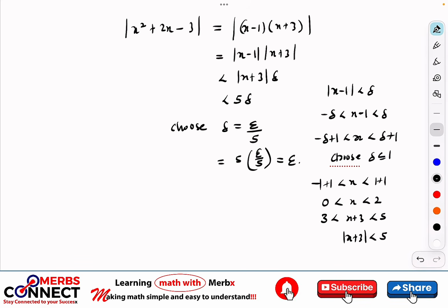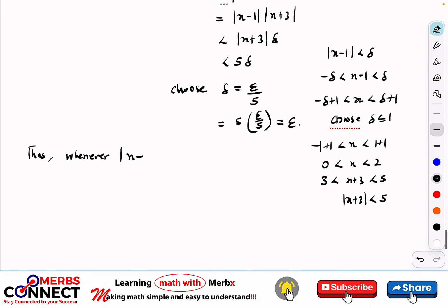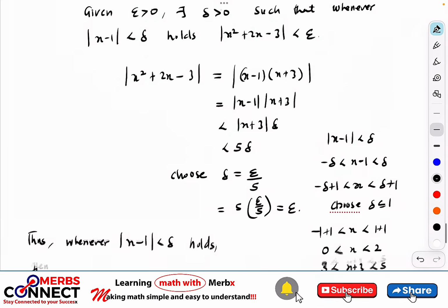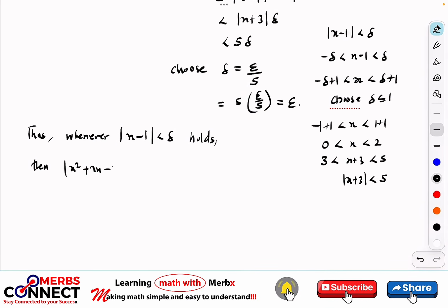I can give you another conclusion that you can use. So we can also say that thus, whenever the absolute value of x minus 1 is less than delta holds, then the absolute value of x squared plus 2x minus 3 is less than epsilon, right?